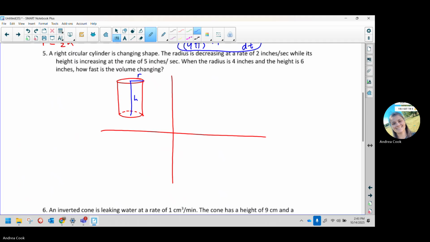What rate is the 2? dr over dt, and is it positive or negative? Negative, because it's decreasing. What about the 5? Positive, and it's dh over dt.